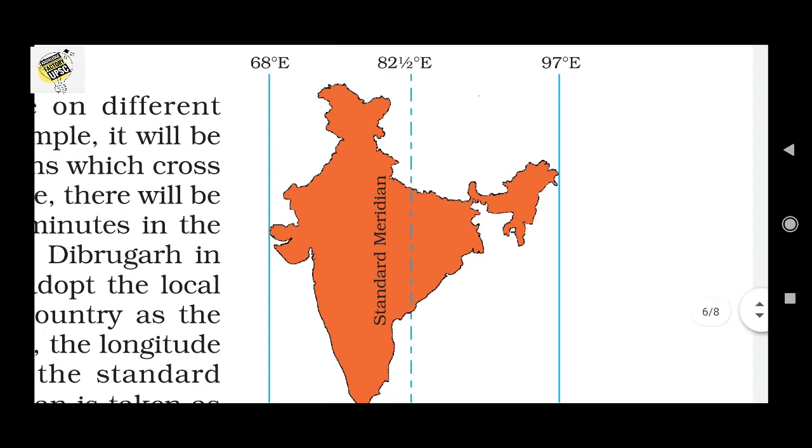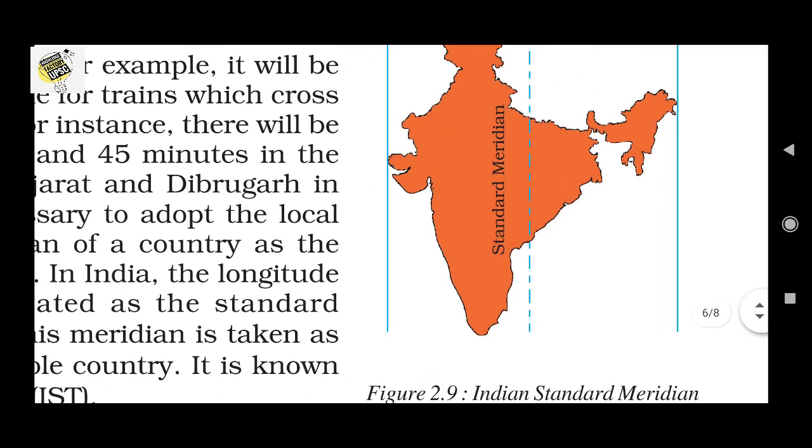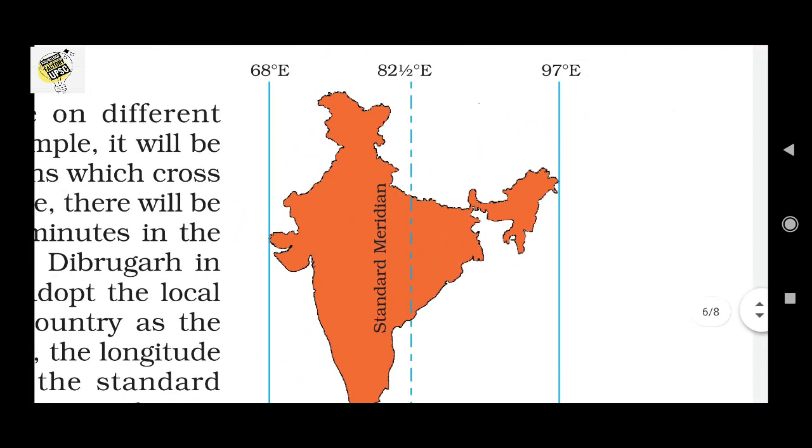At the exact center of India, we can draw an imaginary line passing through Mirzapur, Allahabad in Uttar Pradesh, that region, which is about 82.5 degrees east. The time at 82.5 degrees east, in the Mirzapur, Allahabad, Uttar Pradesh area, is considered the standard time in India, and it is known as Indian Standard Time, or IST.